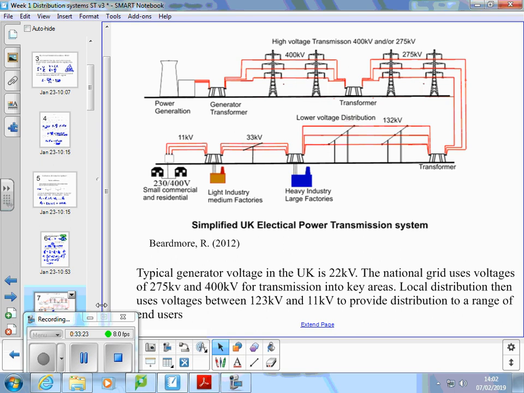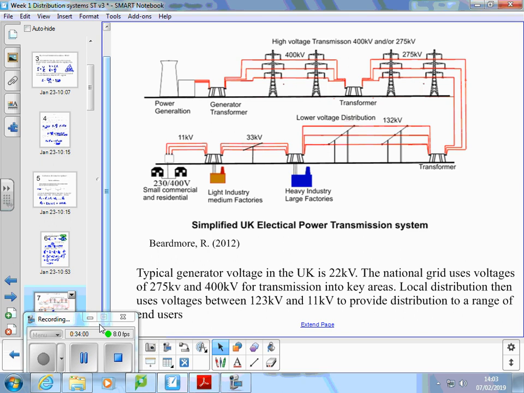Then you might have 132 down to 33 kV, which would feed light industrial, medium-sized factories, and also local areas like a small town like Beccles, which will have a 33 kV substation. Then they have a distribution network at 11,000 volts that goes around various smaller substations to feed various estates.